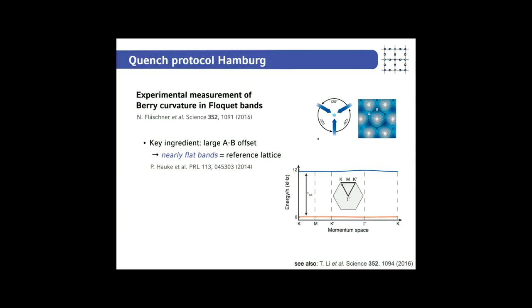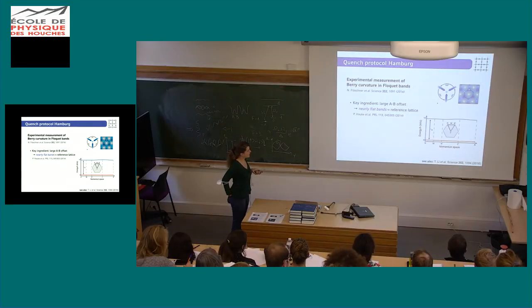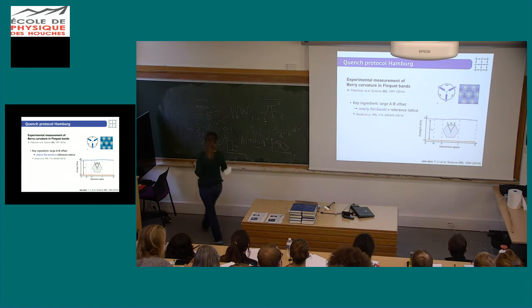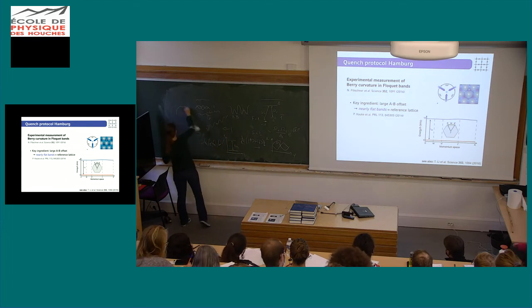So this is what is shown here for the parameters they use. In their case, delta AB was around 11 kilohertz. And here you see the dispersion of the lower band and the upper band, where if you look at the eigenstates, the quasi-spin that we had also for the SSH model, for the lower band, this one is mostly on one sublattice, and this one is mostly on the other sublattice. So if you think about our pseudo-spin, they are at the poles of the sphere.